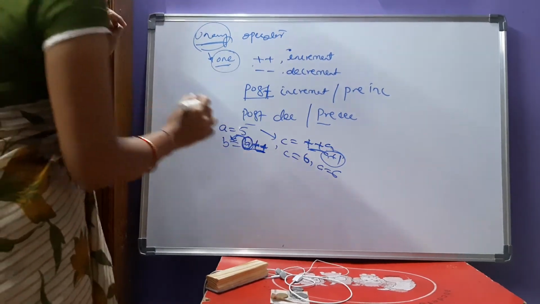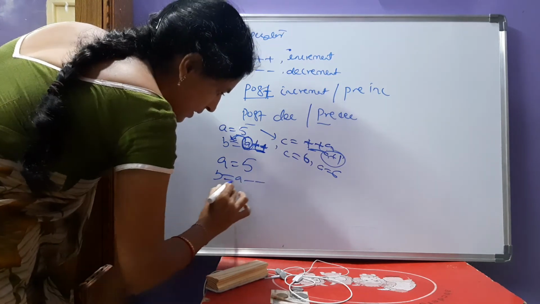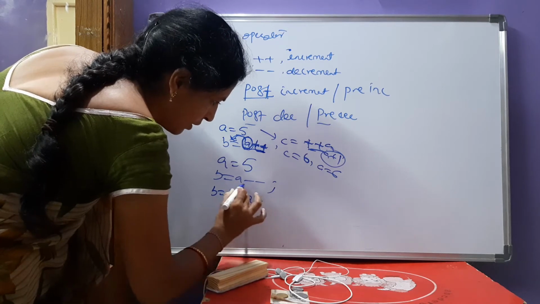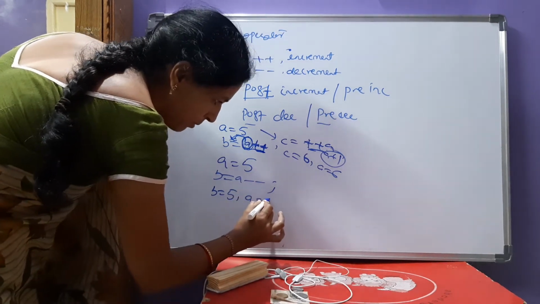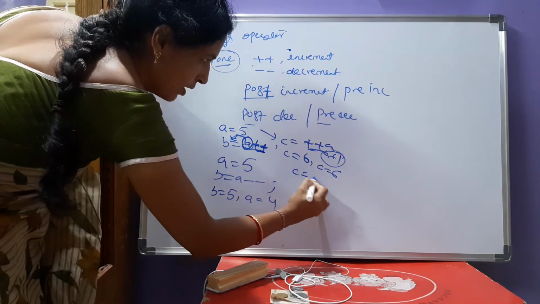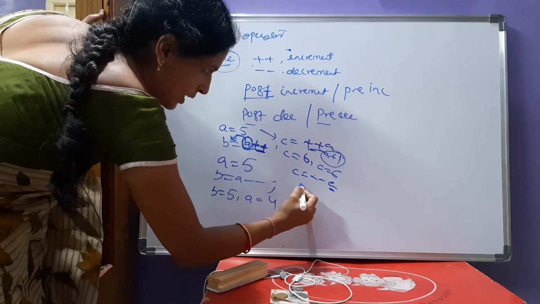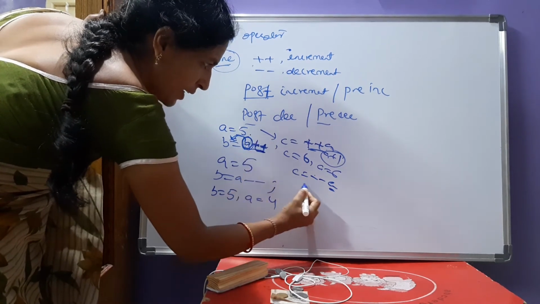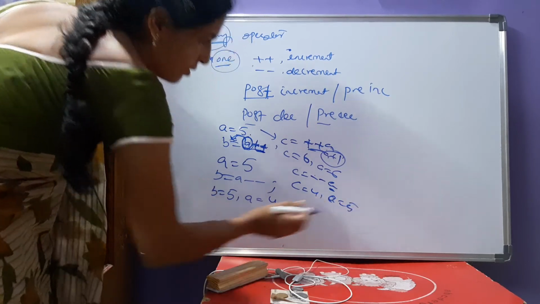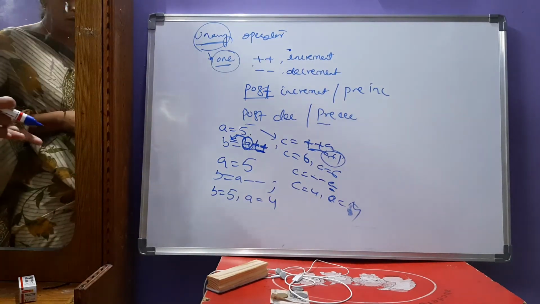And coming to post decrement, suppose a equal to 5 and b equal to a minus minus. In this situation, first b equal to 5 and a is decremented by 1, meaning 4. Now in this example, c equal to minus minus a, first a is decremented by 1, that is 5 decremented by 1 gives 4, and c also equals 4.